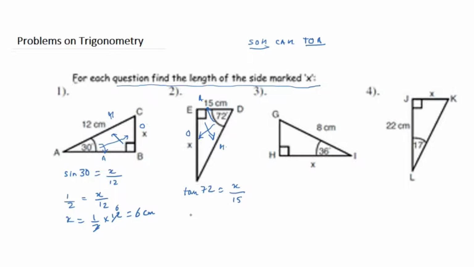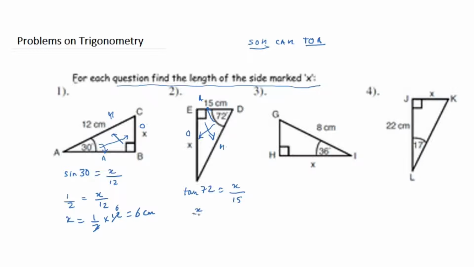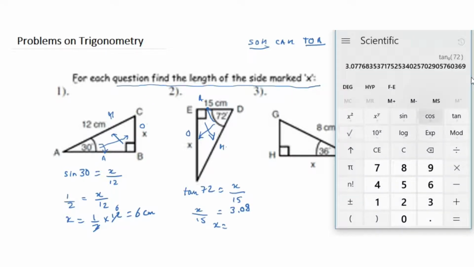I've got the calculator here, so I type in 72 and click on tan. Tan of 72 is going to be 3.08, rounded off. So x over 15 is equal to 3.08, or x is equal to 3.08 multiplied by 15, which gives us 46.2.